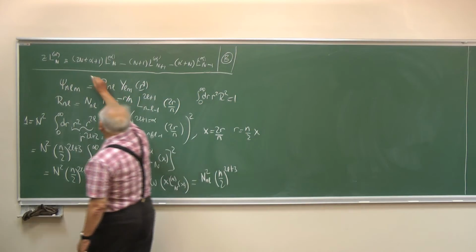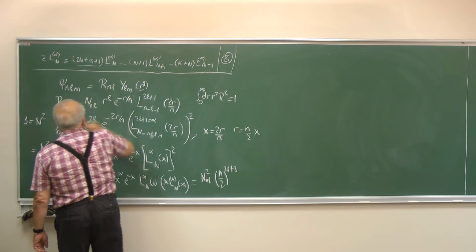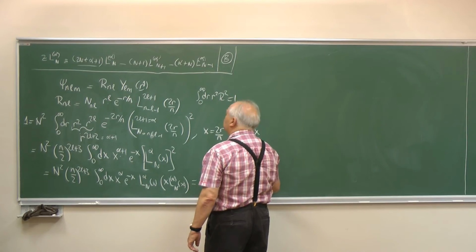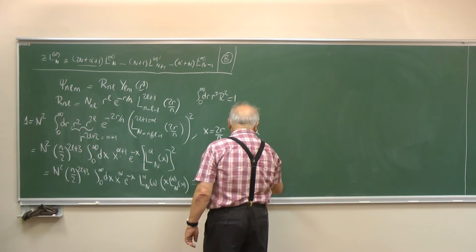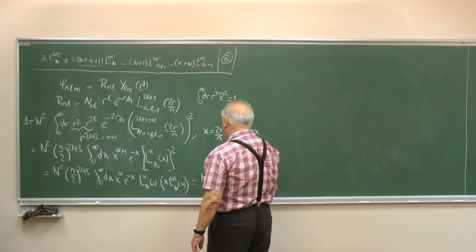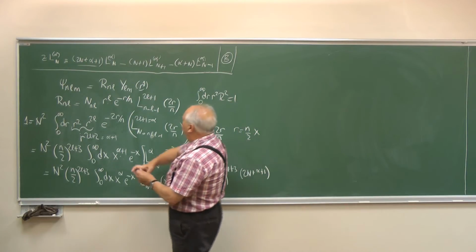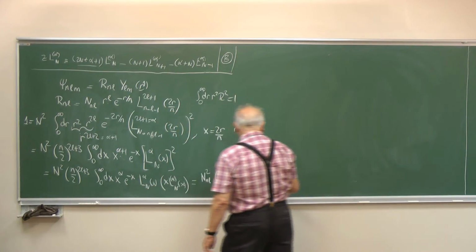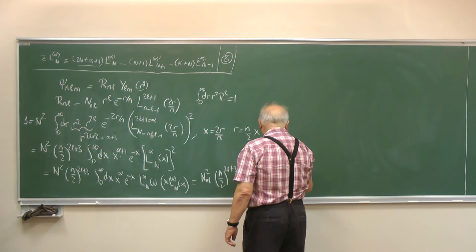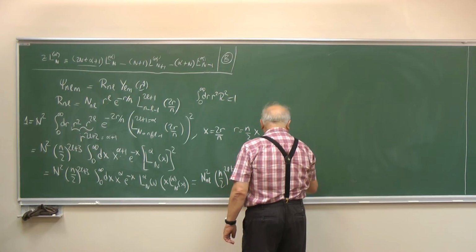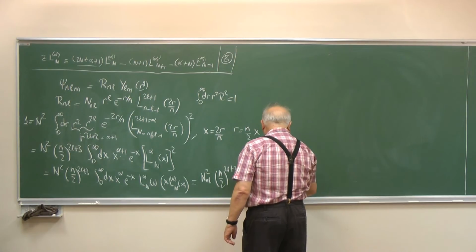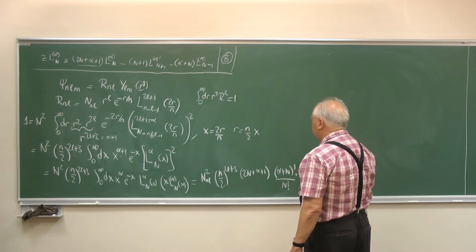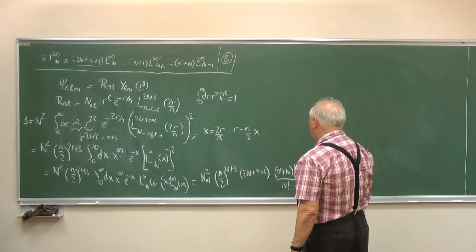Only this term will contribute to this integral. So I have this factor 2n plus alpha plus 1, and I have an L_n^alpha integral, and we just took it. That was (alpha plus n) factorial divided by n factorial. That's it. This should be equal to 1.